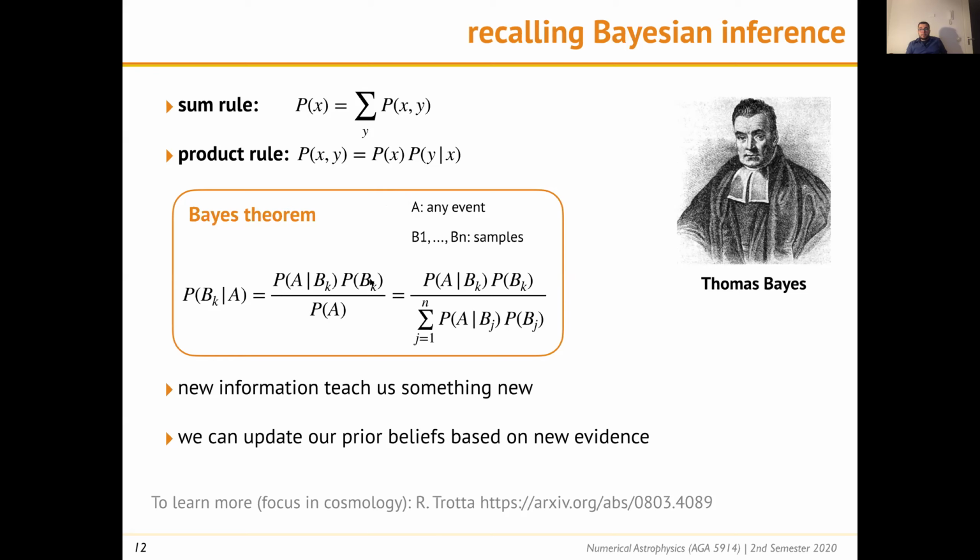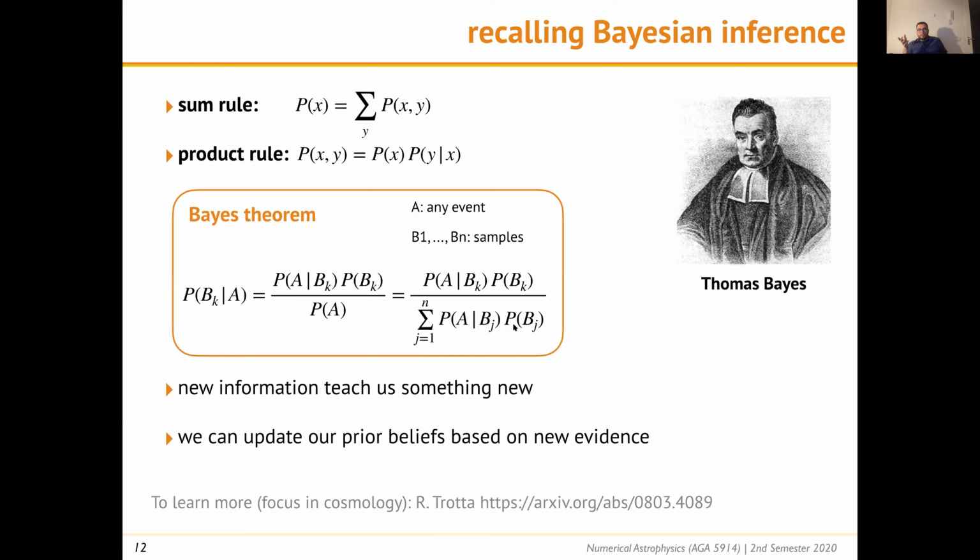You can rewrite this in a more convenient form with this summation. This is just a way of recasting things, because then you can rewrite P of A as the summation here. You can easily show that.